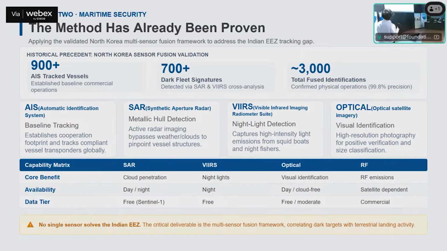So what was the solution? AIS is a basic technology where the fleets have to broadcast their location and details using radio signals. But for those fleets which don't have AIS, we plan to use SAR. SAR satellites send microwave signals which come down to the ocean region, get reflected back by the ocean to the satellite, and they measure using that.